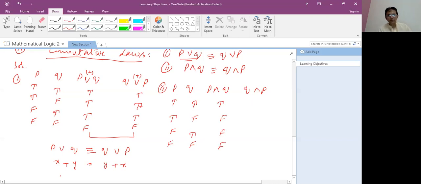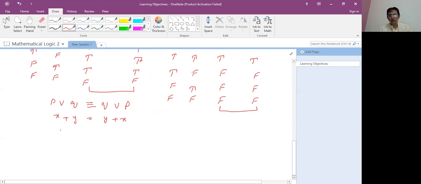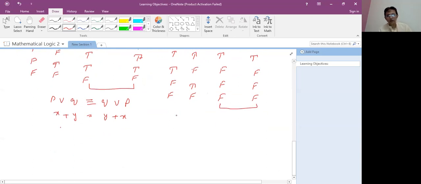Q and P, first we consider Q, then P: 1 dot 0 is 0, 0 dot 1 is 0, it means false, 1 dot 0 is 0, false, and 0 dot 0 is 0. So they are equal, hence proved.